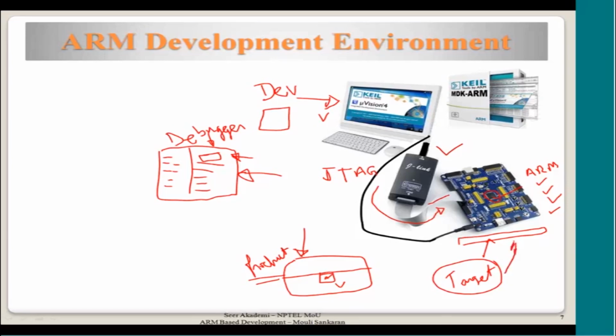This target platform is also closer to the actual target, but it is used for development. So maybe we can call them the target hardware and the development platform. This whole thing could be considered a development platform because this is also not the final target hardware that we are using.